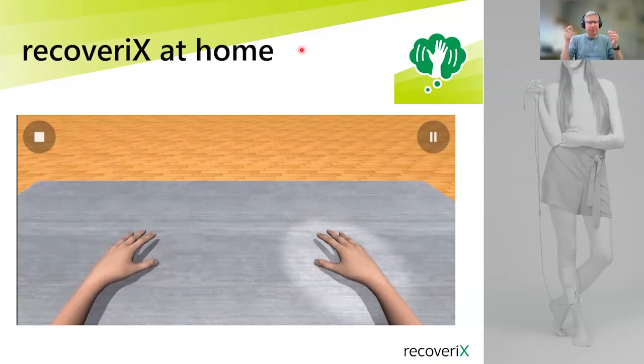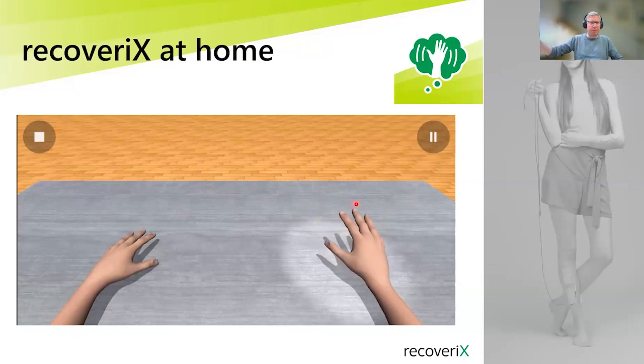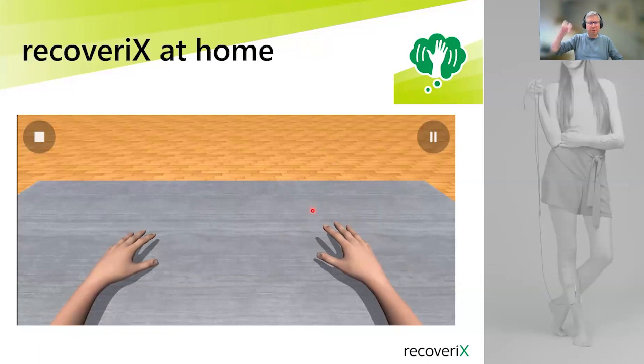Apart from that, it looks like in the real Recoverix in the gym, the same avatar, the same movements. You see here the arrow pointing towards the direction you should do the motor imagery, right hand. And you see also this shining spot pointing on the side.